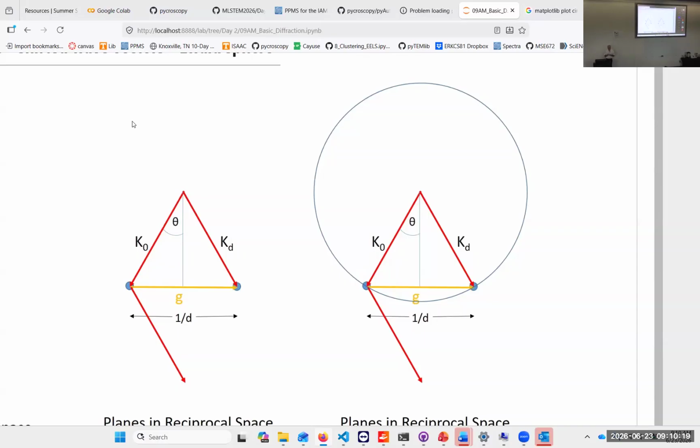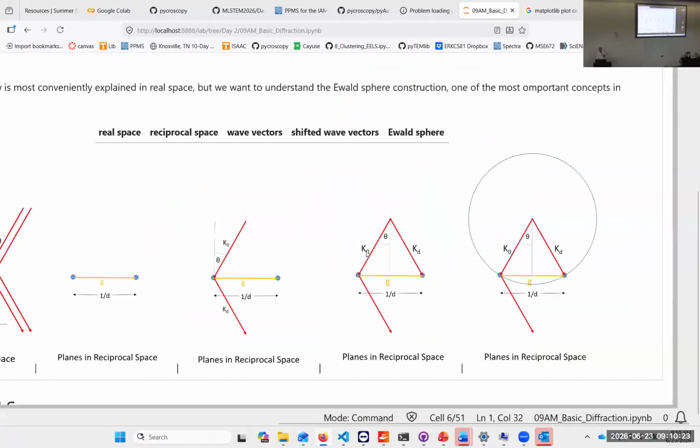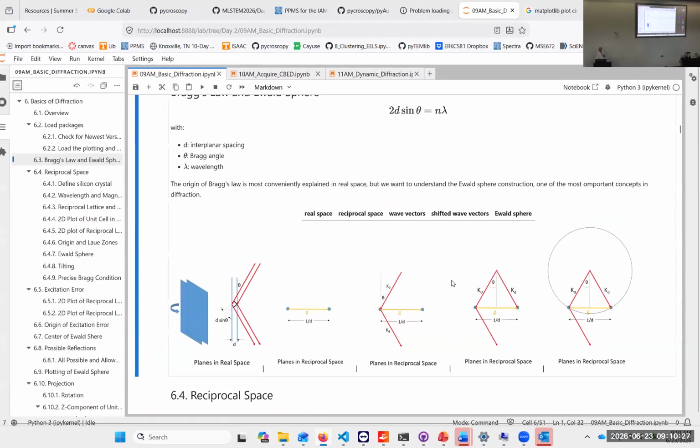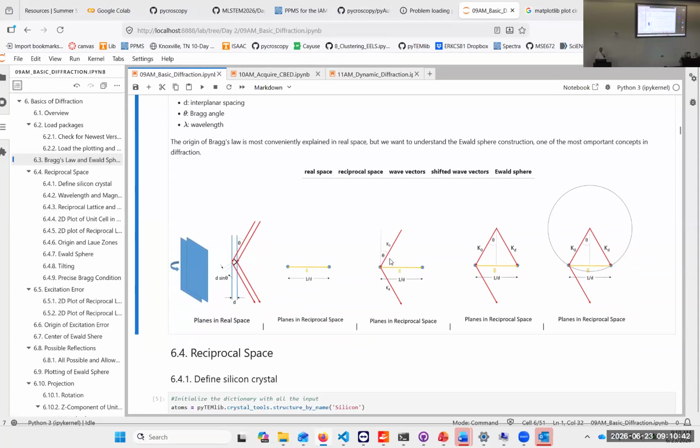We have elastic scattering, so they don't change. I hope this little schematic showed you how diffraction works with the Ewald sphere.